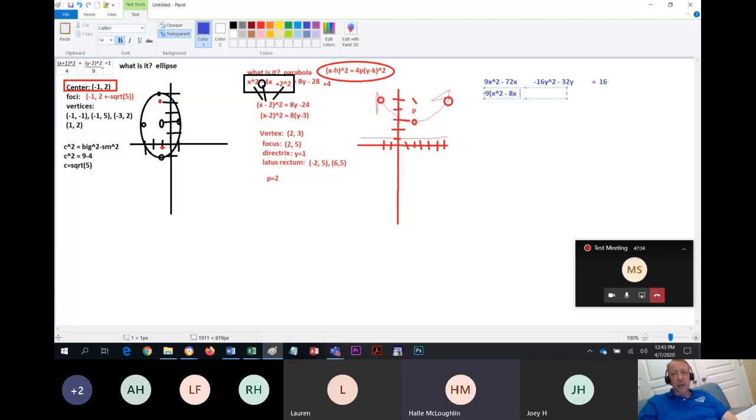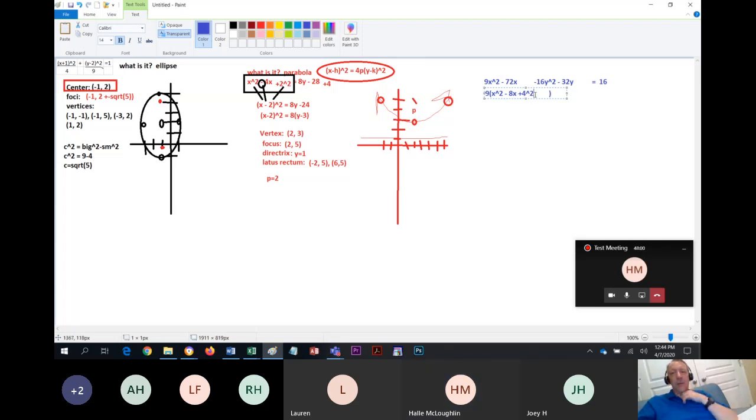Okay. And then I'm going to leave a gap here. And then what do we add here to complete the square? Four squared. We're going to add 4 squared, which is 16.